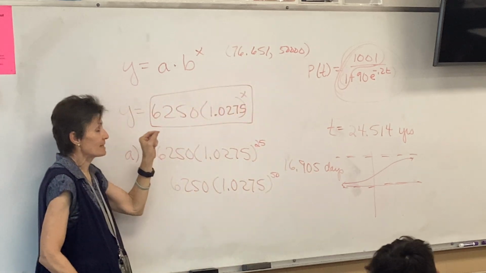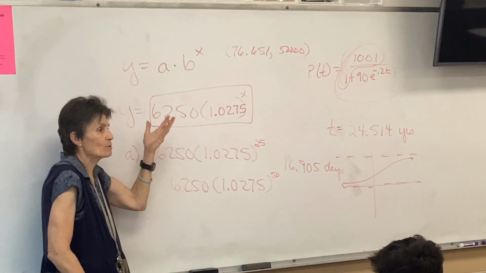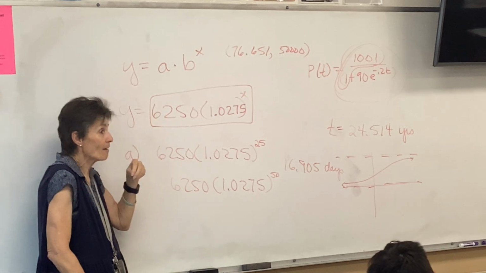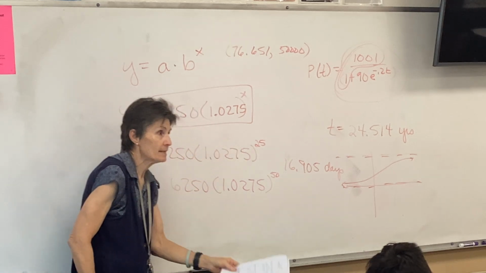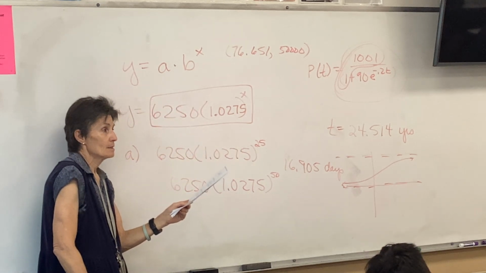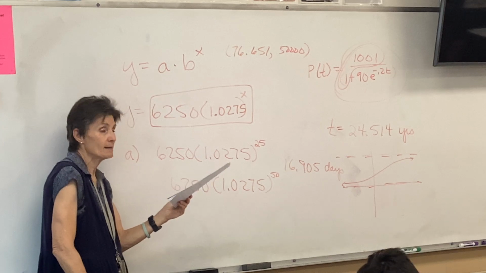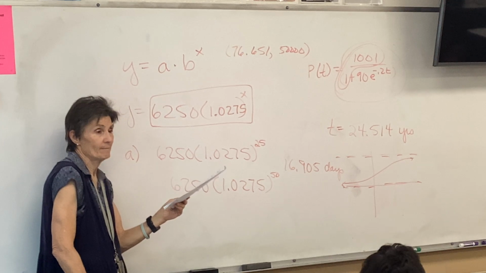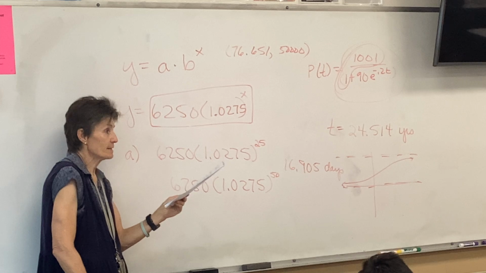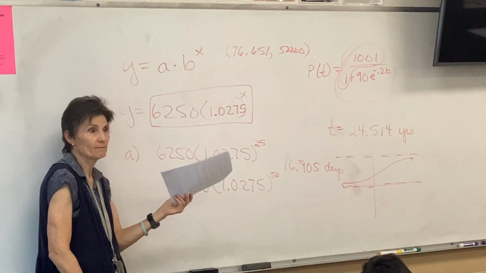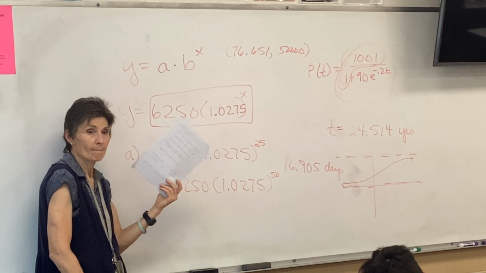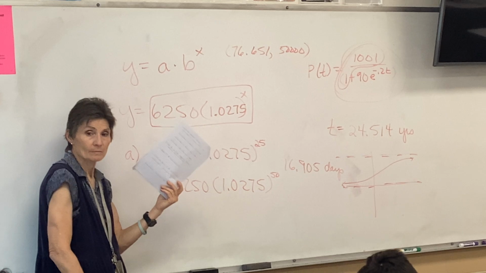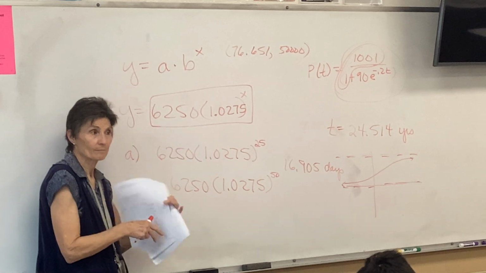So it's 76 years, or almost 77 years after 1890. So it happened sometime in the year what? 1966. In the middle of 1966? Would you be okay with putting 1966? Yeah.